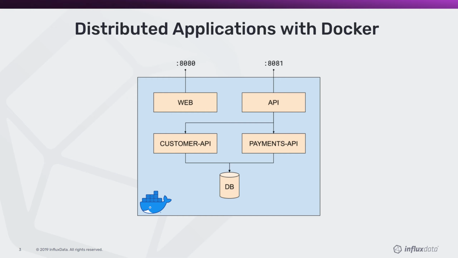So Docker helps us with this actually. It allows us to route by container name. So we could call the payments API container payments API, and then we will be able to make a request to http://payments API, then a port, I guess.